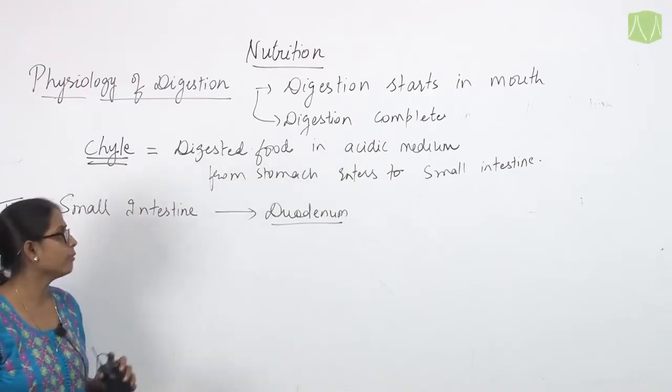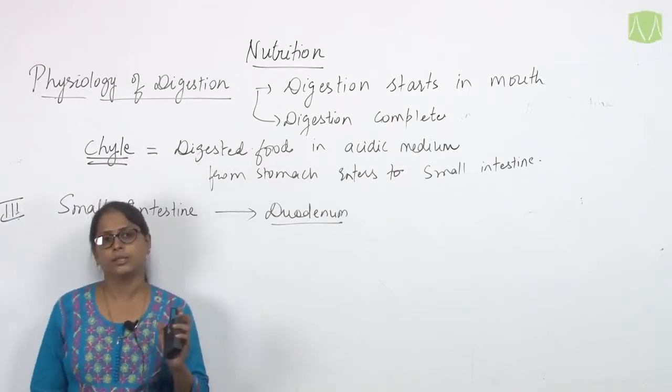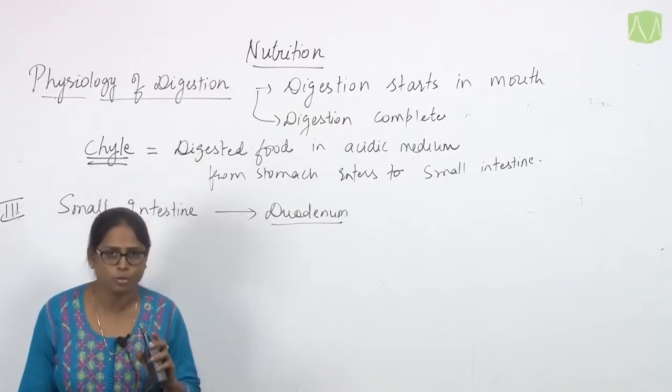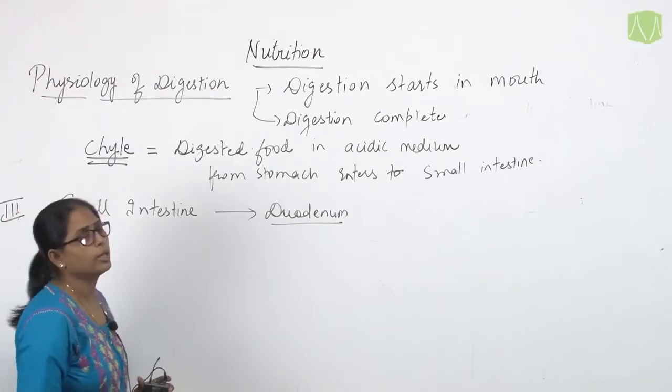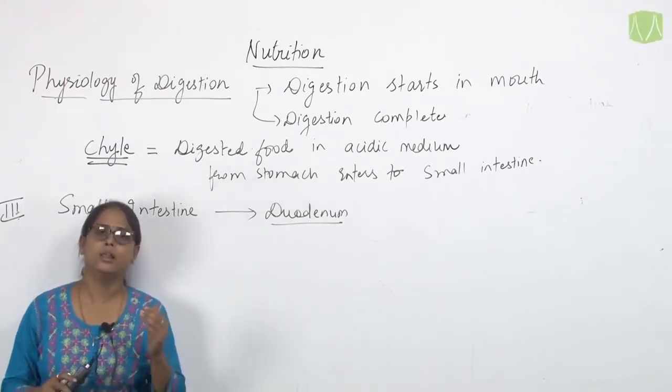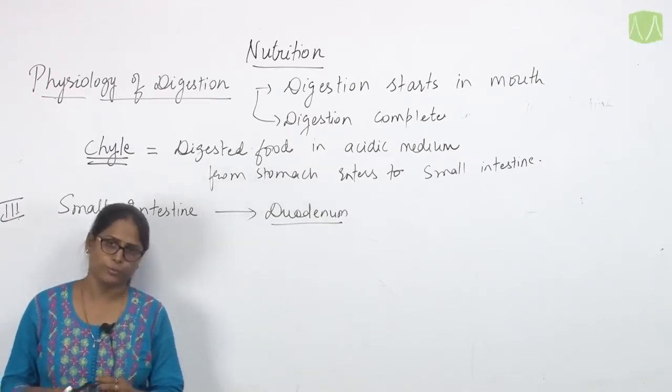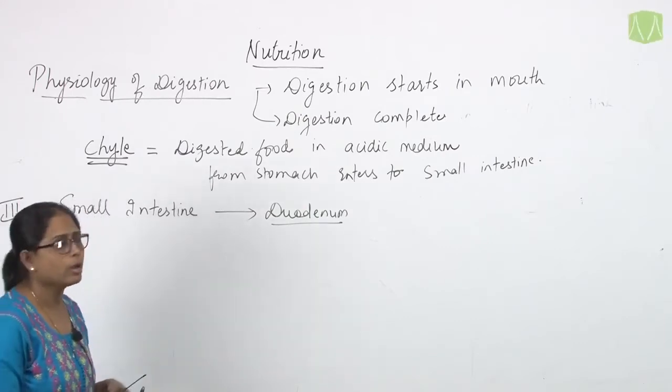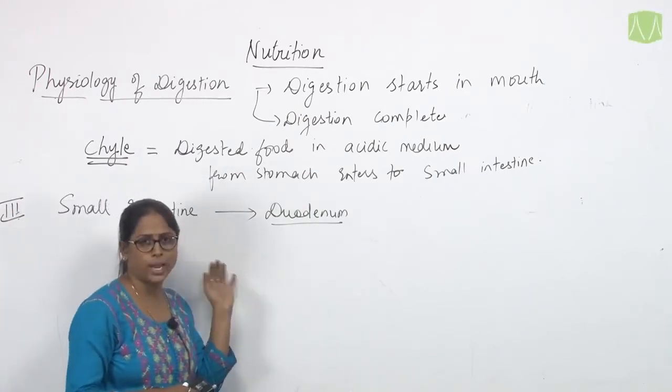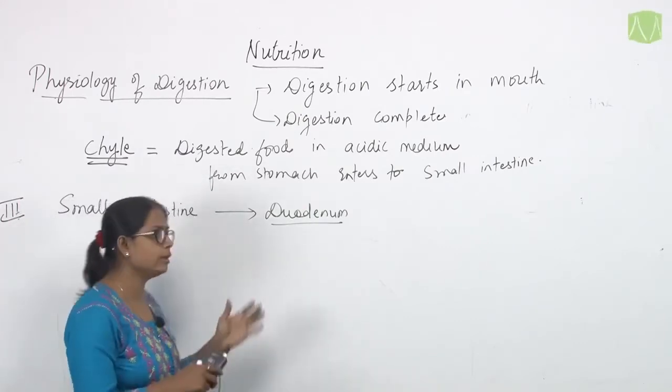So for this we have another secretion, another fluid, or you can say another juice that is secreted by the liver, which is known as bile juice. This bile juice is actually produced in the liver.